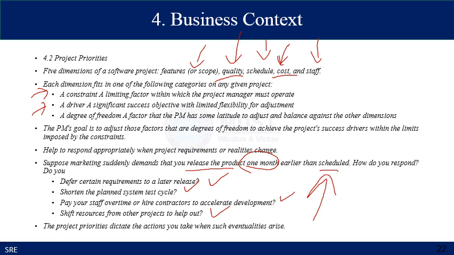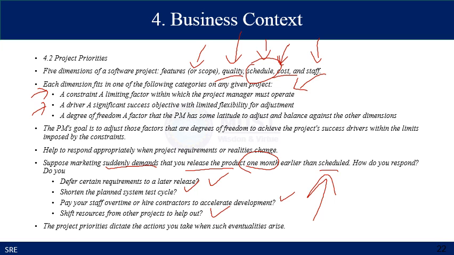So if you carefully analyze this statement, you have a sudden demand, which is a constraint or a driving factor, and the demand or driving factor is the release of the product, which puts limits on the schedule, which is 1 month earlier than scheduled.